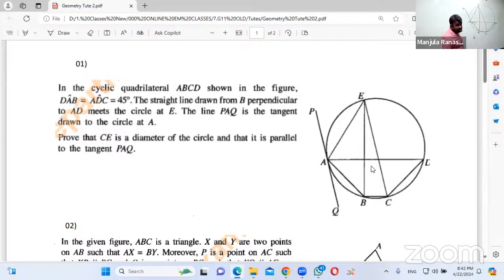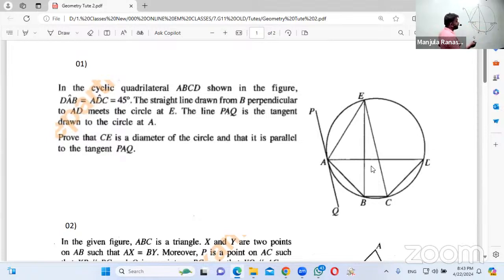And ADC equals 45, that is also 45. Then the straight line drawn from D perpendicular to AD.